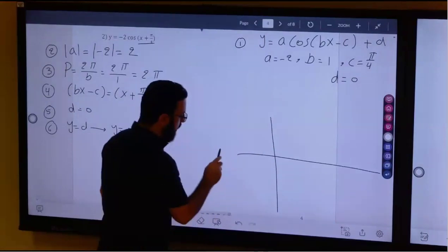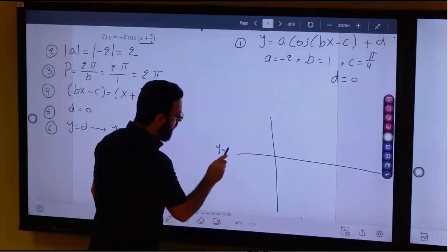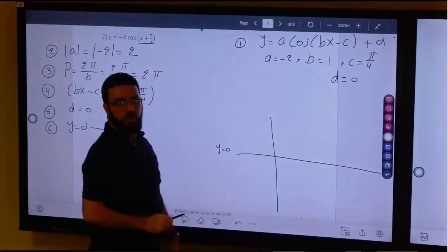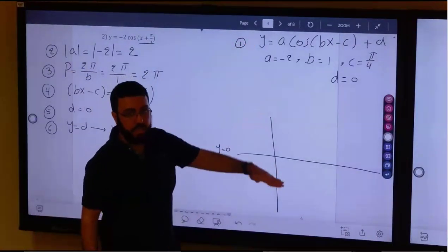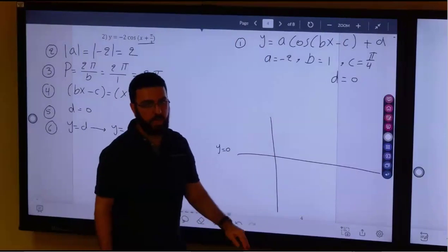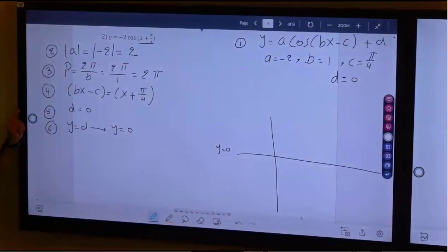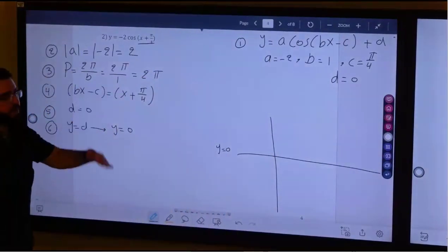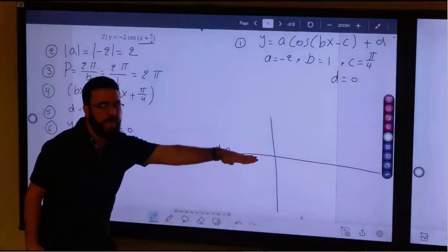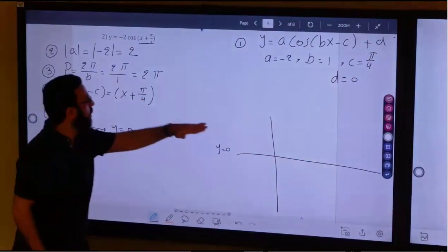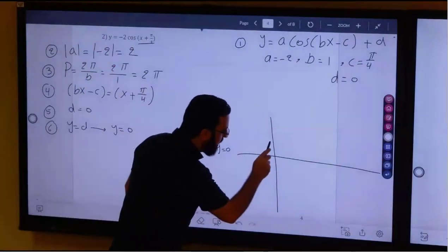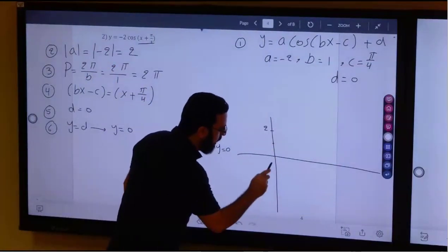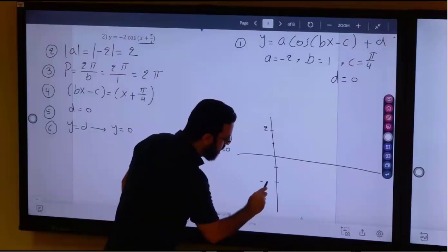So this is y equals d. And if it was y equals 6, it would be 6. 6 up, 6 down, okay? Now I know the maximum and the minimum, because the rest line is y equals 0. And how much do they go up? 2. That means the maximum point is going to be 2, and the minimum point is going to be -2.